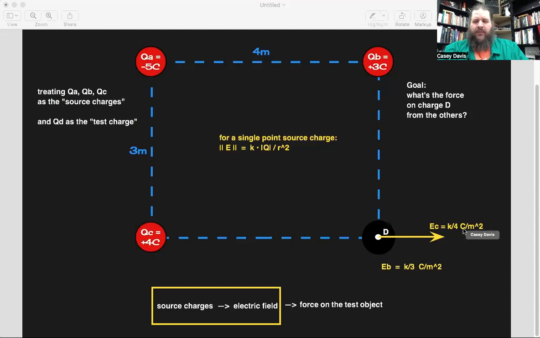And 1/3 is a little bit more than 1/4, so it looks like B is creating a slightly stronger effect. And that'll be directly to the south. So I'll draw a slightly larger arrow directly to the south. So that's the electric field caused by B. Any questions on those so far?